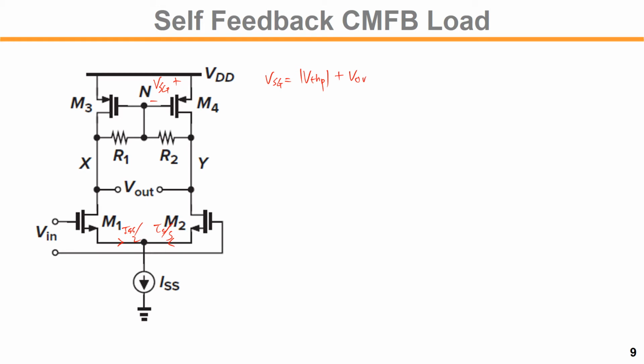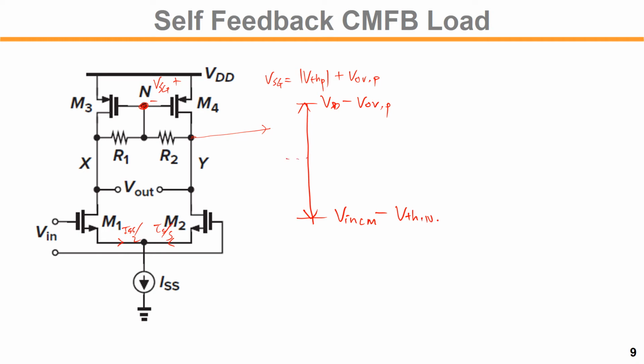In that case, the output is biased. Since the Vn is fixed, the maximum voltage at the output is VDD minus the overdrive voltage of the PMOS. What about the minimum voltage? The minimum voltage it can go down to would be the input common mode voltage minus VTH.